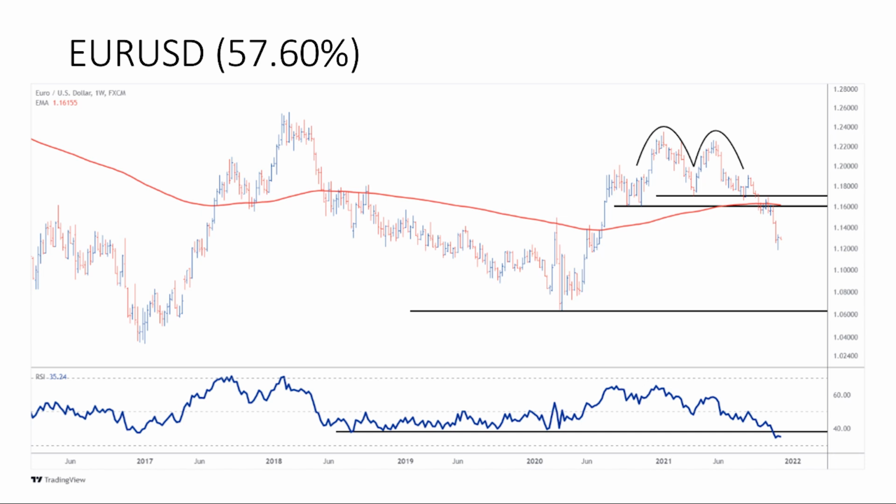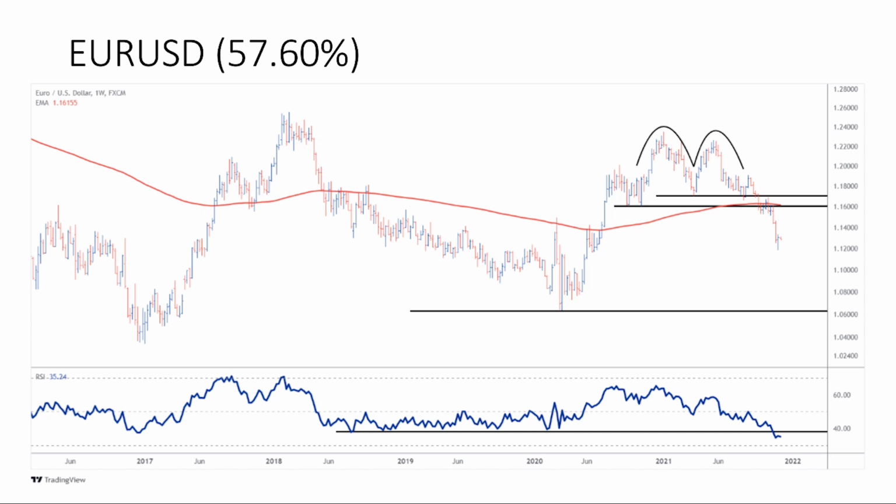If you look at the chart, the red curve line is around the 200 exponential moving average. We have formed a double top, a similar structure when it tested around the 1.24, 1.25 levels, consolidated for quite long, and now we are witnessing a fresh breakdown in EUR/USD.